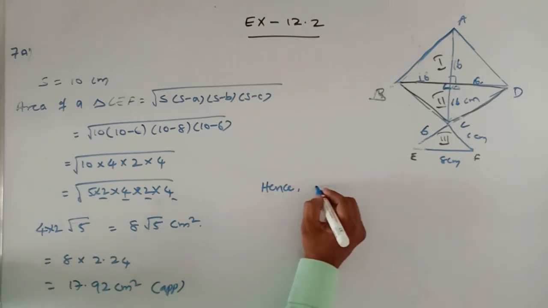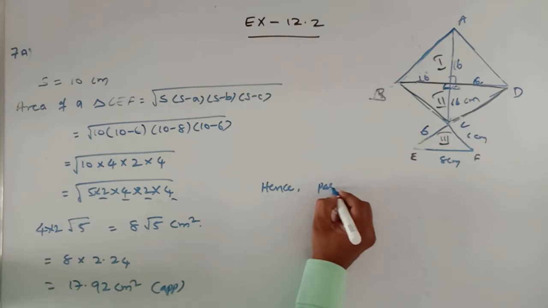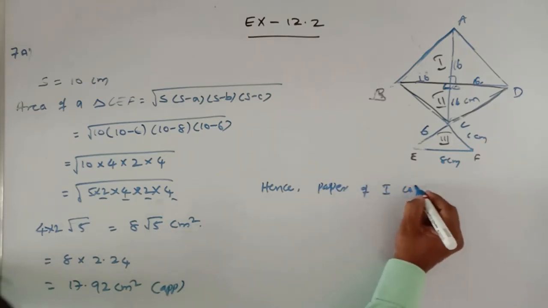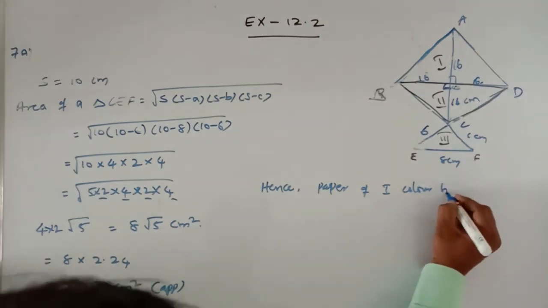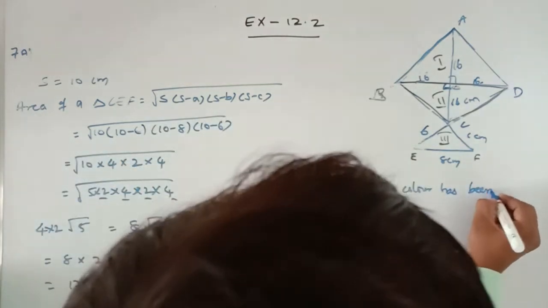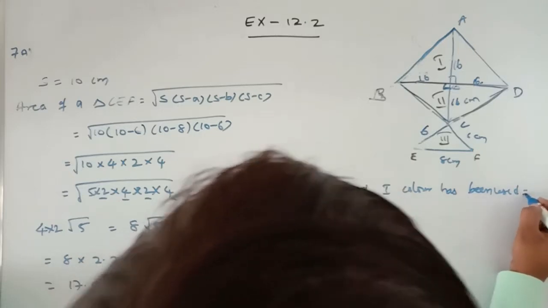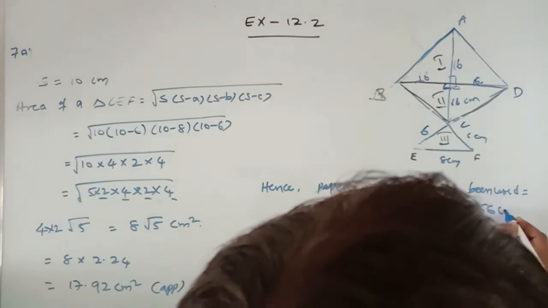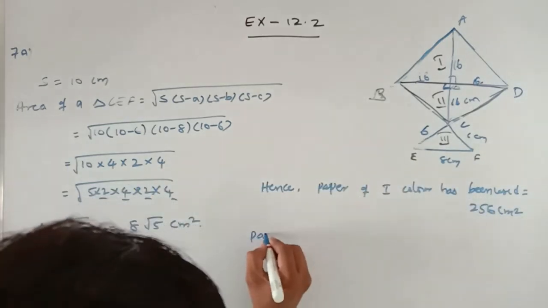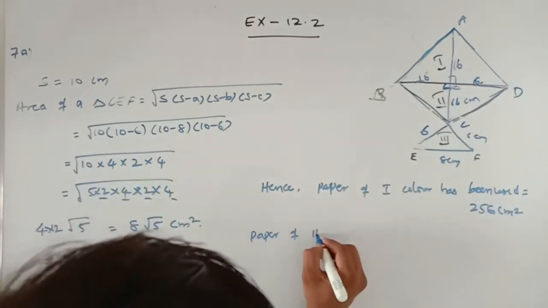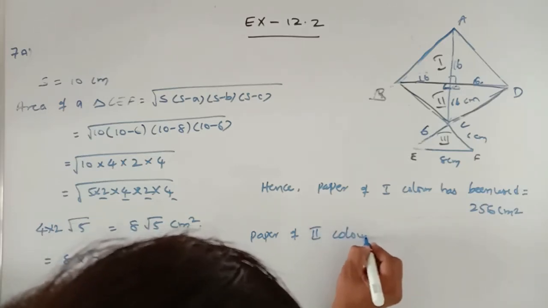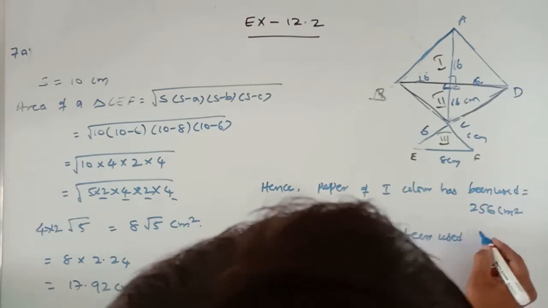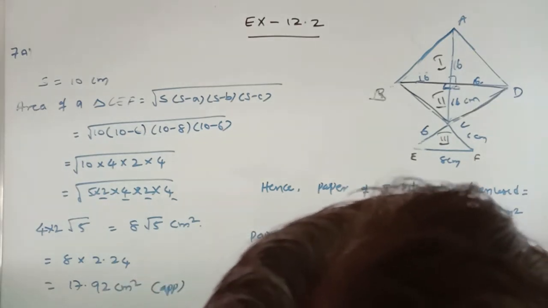Hence I have calculated each part's area. The paper of one color, that is the part 1 color, that has been used is equal to 256 square centimeters. In the same way, the paper of the second color that has been used is the same, 256 square centimeters.